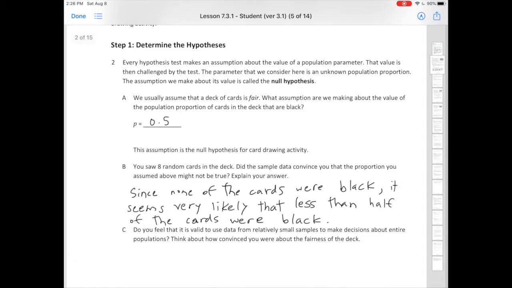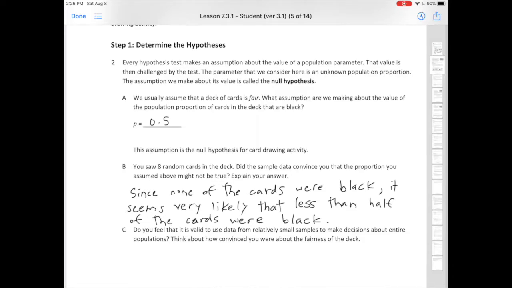Part C. Do you feel that it is valid to use data from relatively small samples to make decisions about entire populations? Think about how convinced you were about the fairness of the deck. So do we think this is valid?